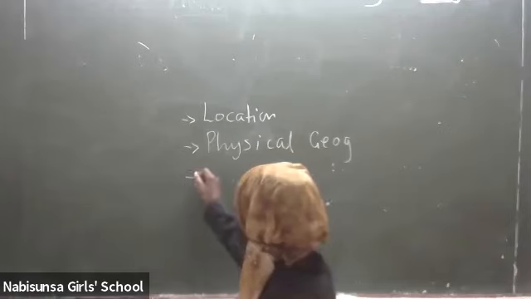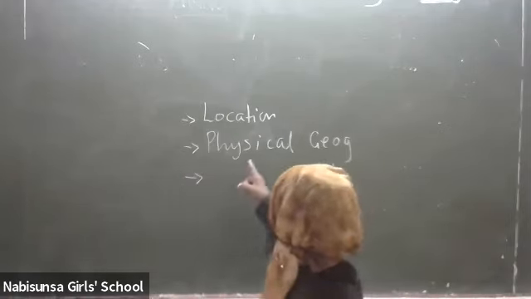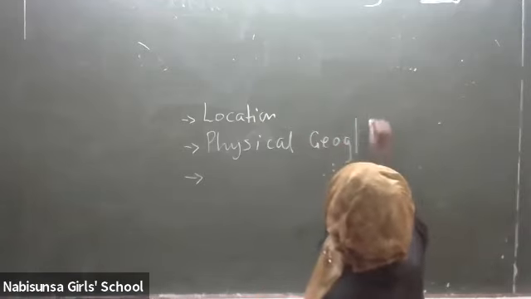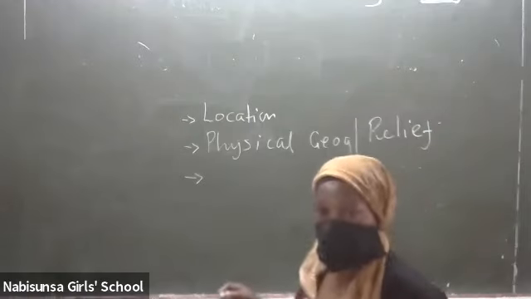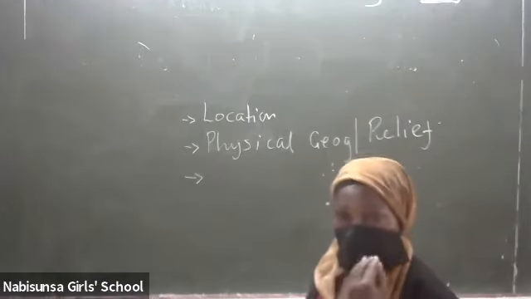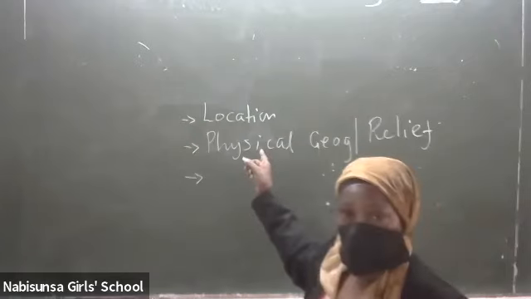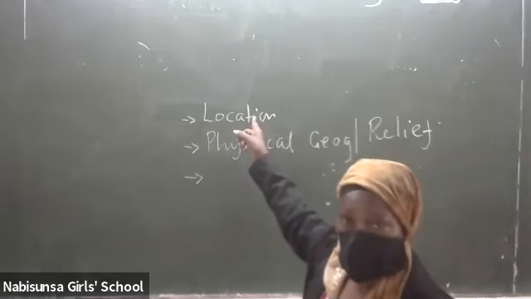Since you are dealing with geography, physical is sometimes called relief. When they say draw the relief map of Africa, they are talking about the physical. It is the one we are going to look at because we finished the location.